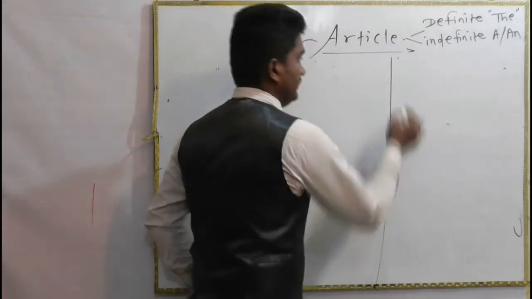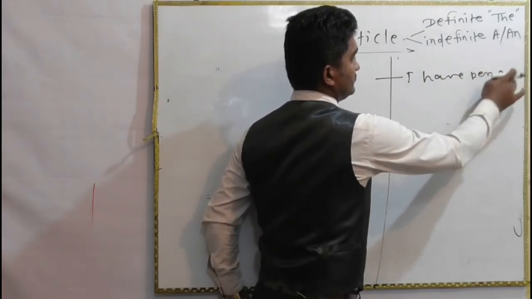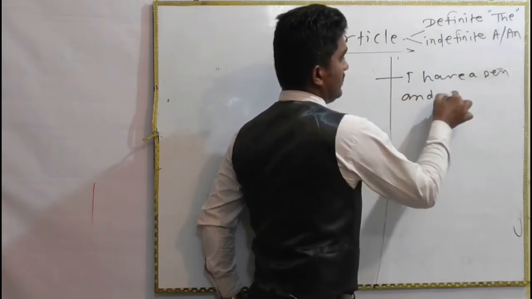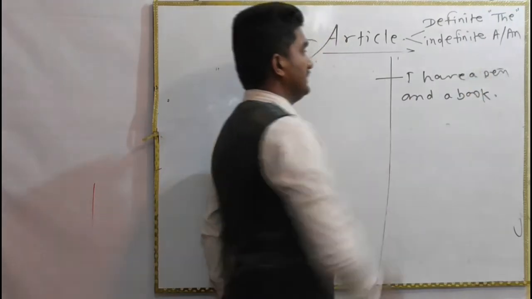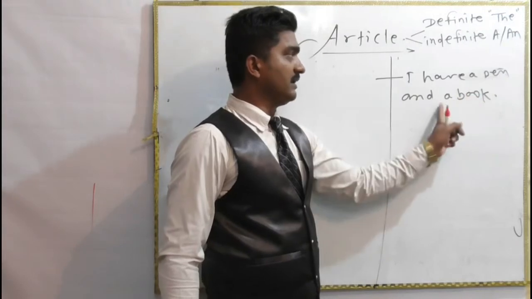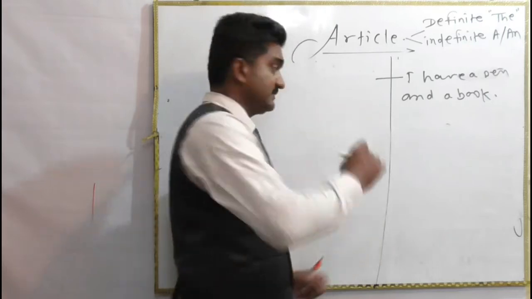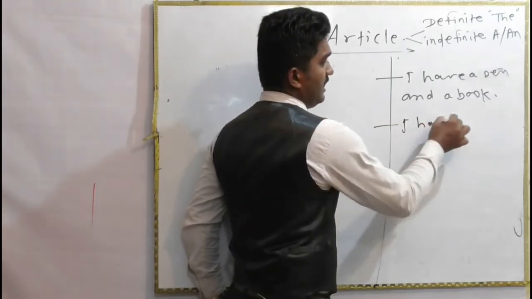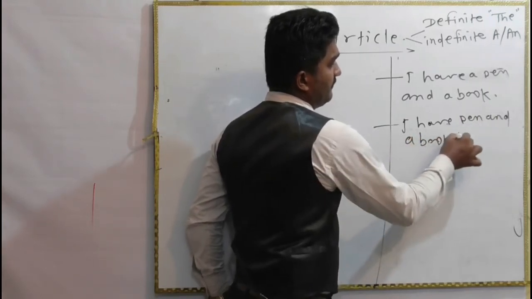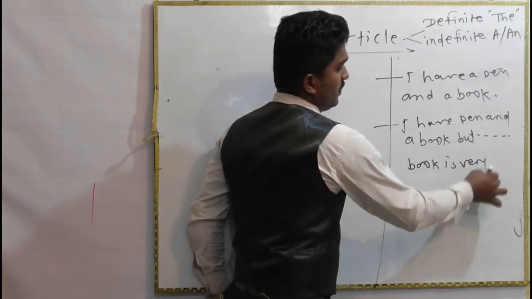And one more thing I want to tell you by writing, how many conditions are there. Okay, if I am saying here, I have a pen and a book. So in this there are two nouns, pen and book. So I have a pen and a book. So we use a, but if I write like this, I have a pen and a book, but this book is very old.